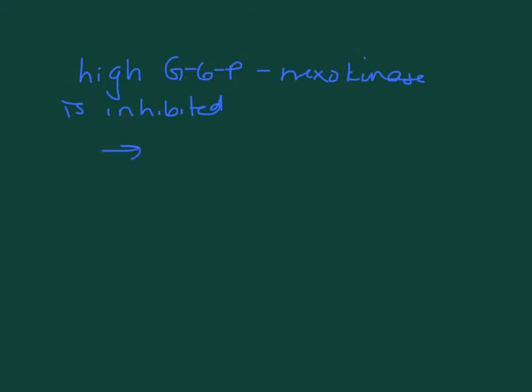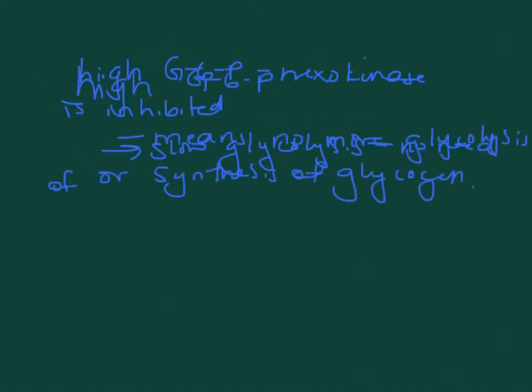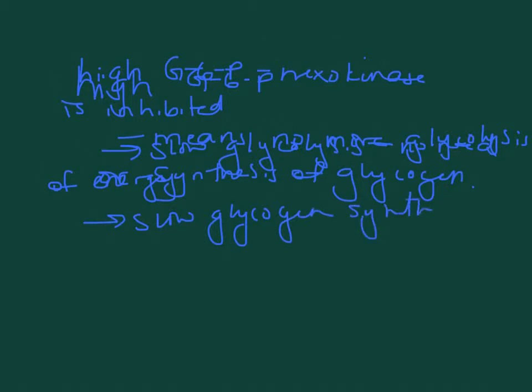So just to recap, when we have high glucose 6-phosphate, hexokinase is inhibited. So this will slow down glycolysis because we don't need energy. And it will also slow down glycogen synthesis, which is a storage form of glucose.